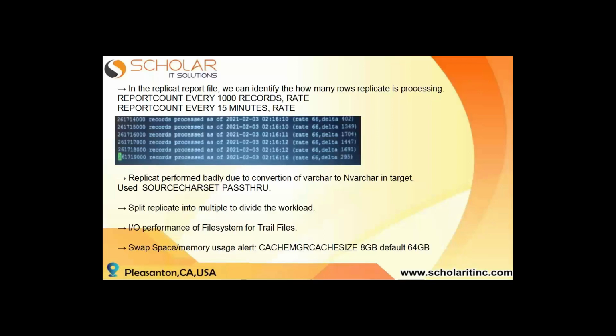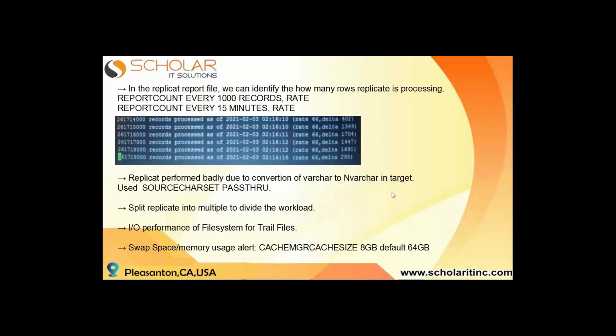So the thing is, in GG, in extract and all, they take by default a cache size of 64 GB. Just read the report file of your extract, and you will see cache size as 64 GB.